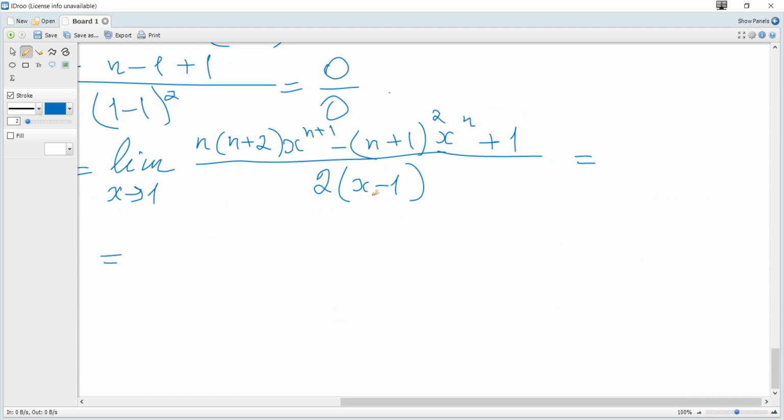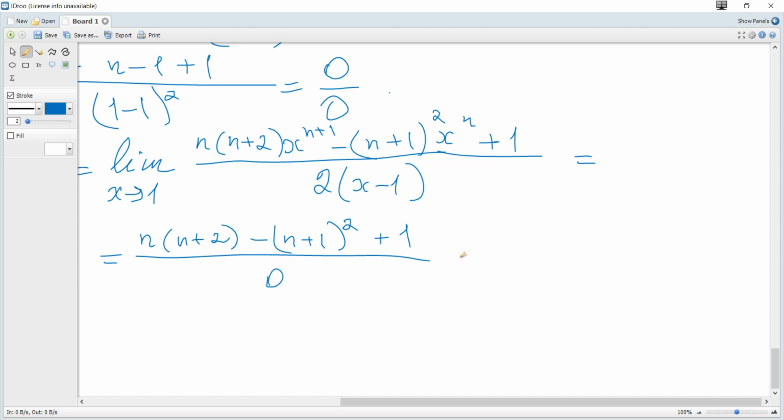We just substitute 1 for x, and we can see that it becomes divided by 0, and it seems to be 0 over 0 again, but let's show it clearly. So it becomes n plus 2 multiplied by 1 minus n plus 1 squared plus 1, divided by 0.